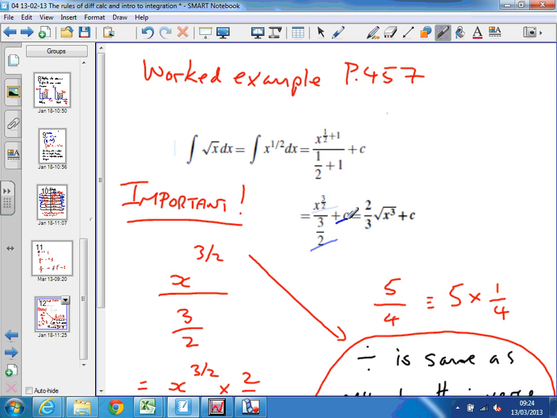But dividing by 3 over 2 is the same as multiplying by 2/3, inverting it. So this becomes 2/3 times x to the 3 over 2, or 2/3 times the square root of x cubed, plus c. So that's not a very clear example, but with that explanation, hopefully that makes it a bit clearer.